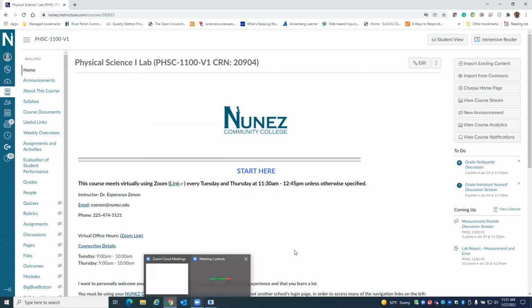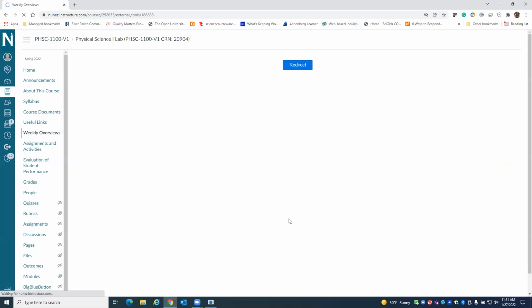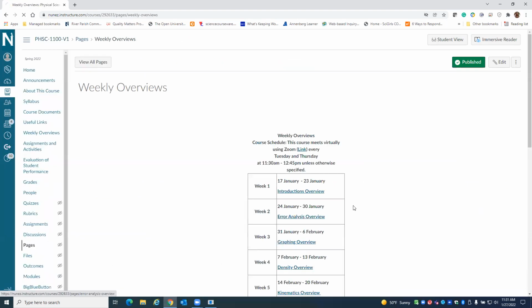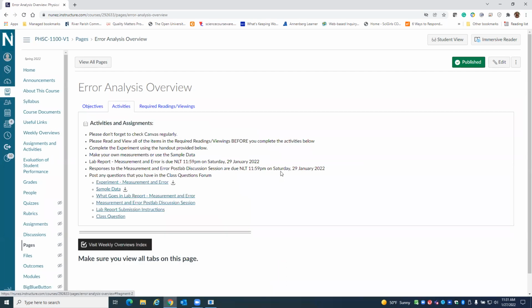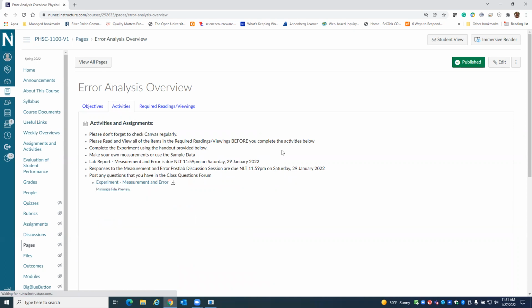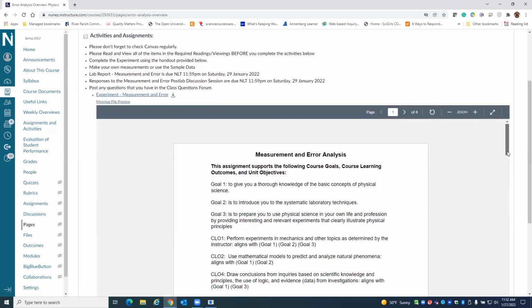All right. So on Tuesday, we started looking at our first experiment that deals with error analysis. I covered the experiment handout, which discusses the various types of error, and also the instructions for experiment number 1.